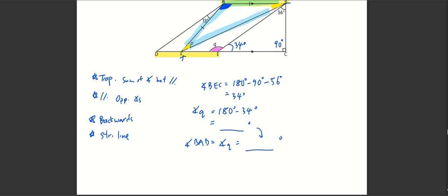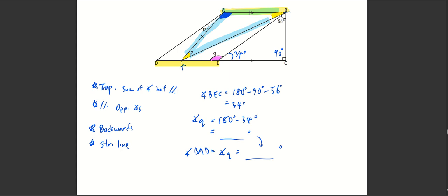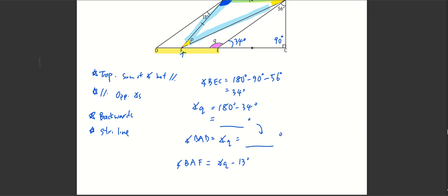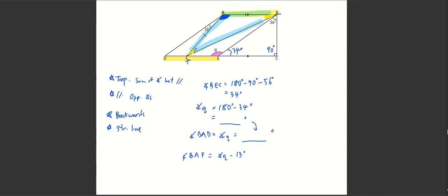There is angle BAF, part of the isosceles triangle BAF. So I can try to find angle BAF by using just now's angle Q minus 13 degrees. Okay, so that part here, minus 13 degrees. And that will give me a certain answer. And with that, I found this angle.